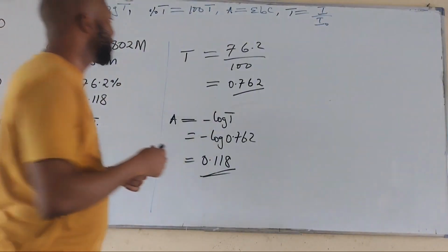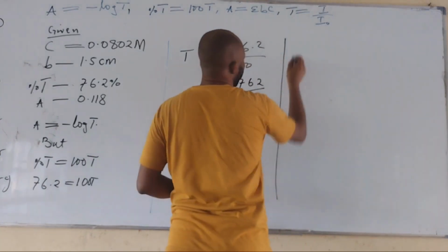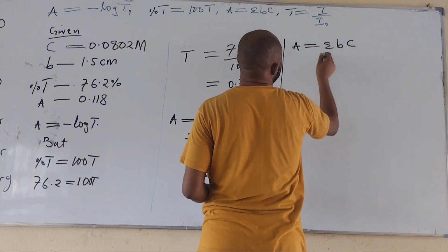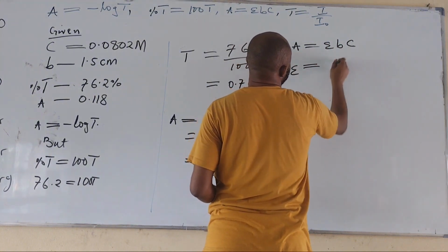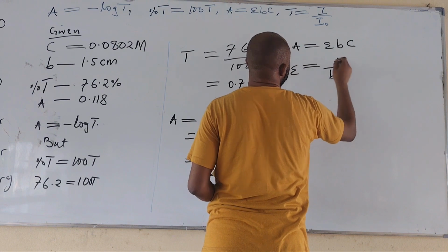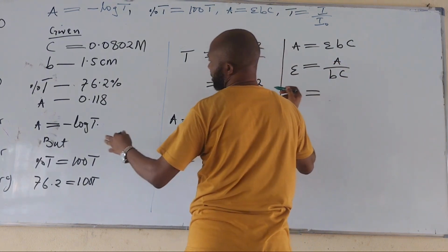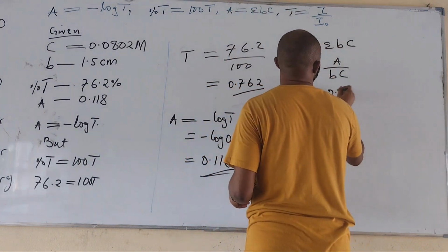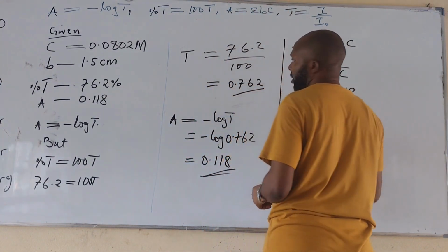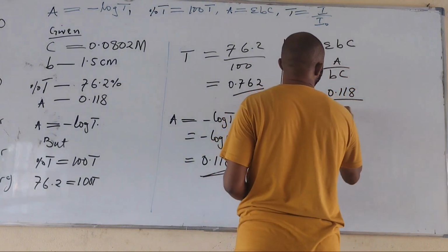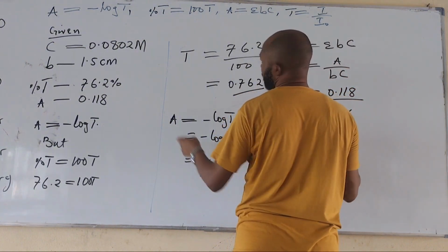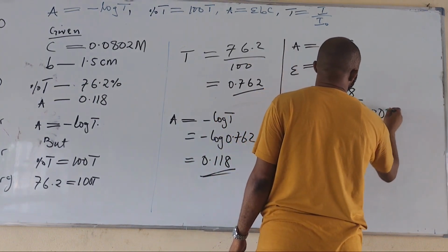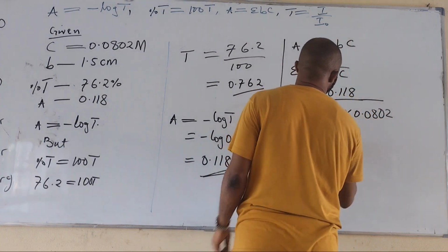So the absorptivity is what we need. Remember, A is equals to EBC. We're looking for E, so E is equals to A over BC. Our absorbance is 0.118 over B, the path length is 1.5, times C, the concentration, which is 0.0802.